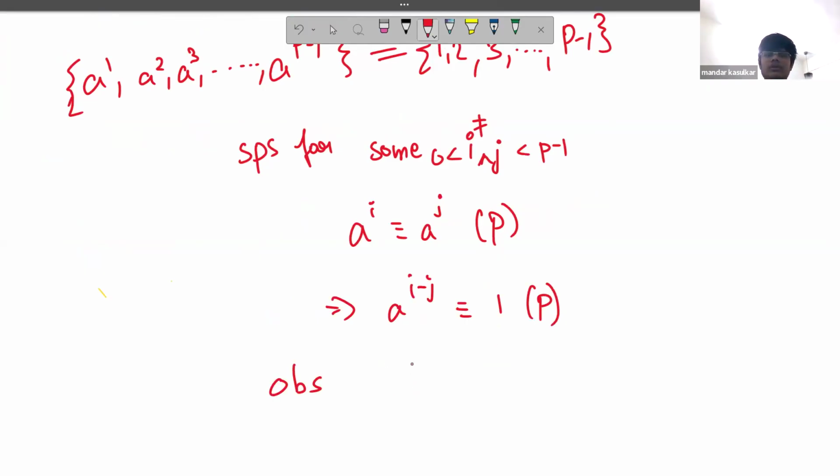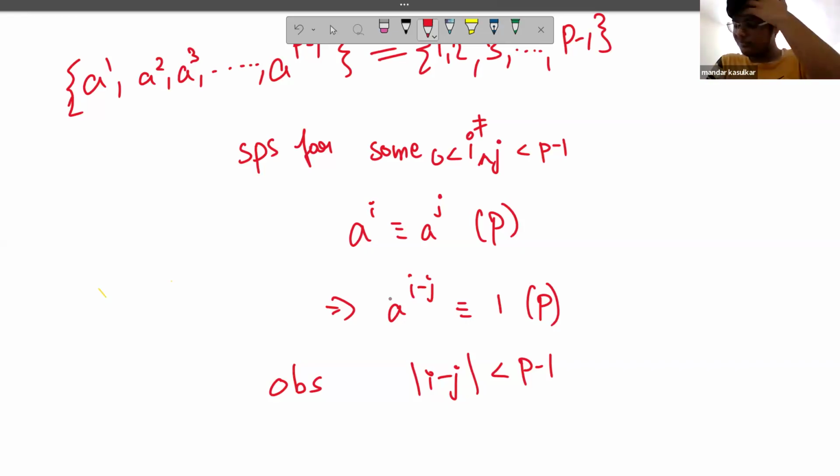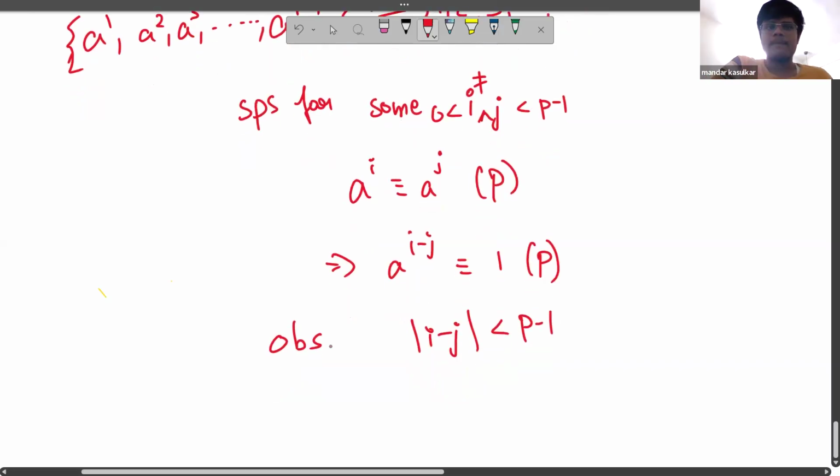Observe, i minus j is strictly less than p minus 1. And this gives you a contradiction because you get something smaller than the order. So everything will be different and you're done. Does that make sense, people? Pretty cool.